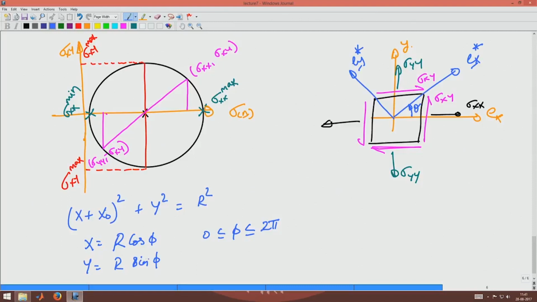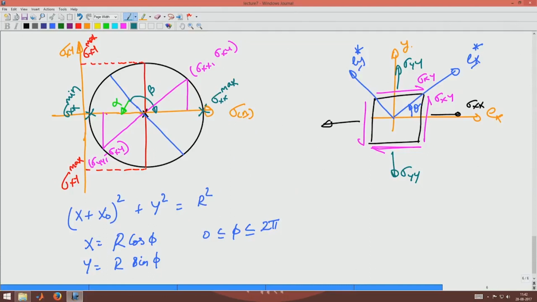How is phi measured? Let us say I have a plane oriented like this. I will give two options: one is this phi, which let us call alpha, and the other angle is this one, beta. Is phi alpha or beta?